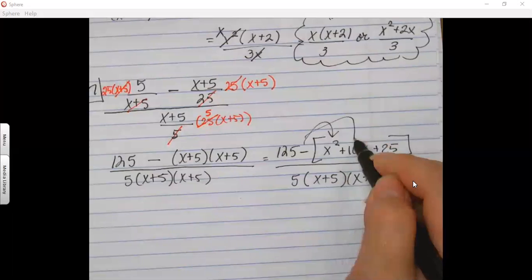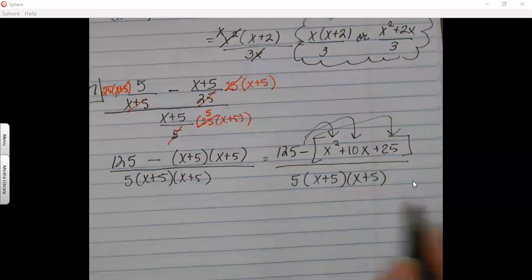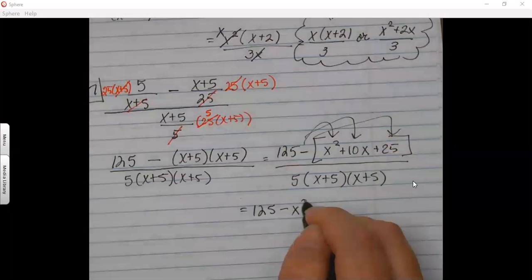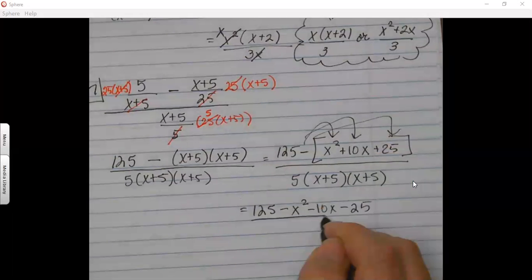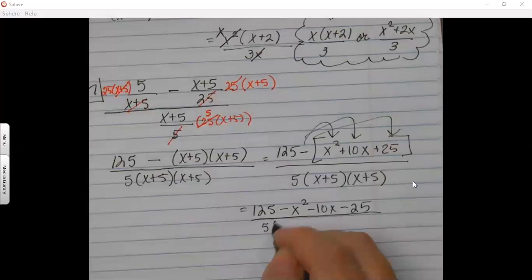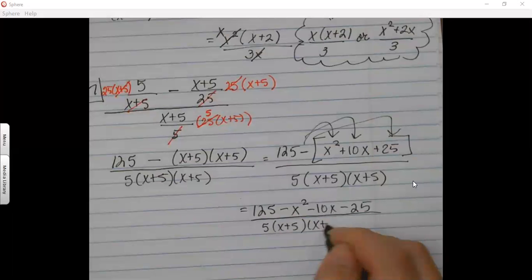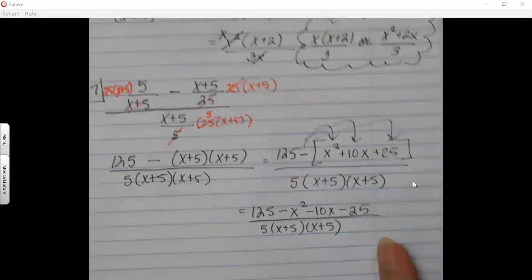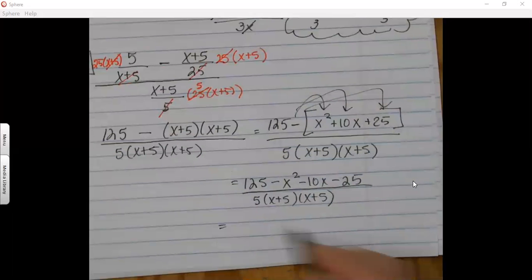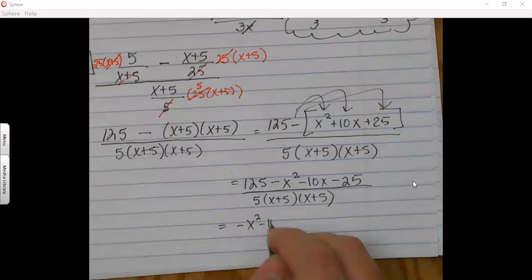So I have 125 minus x squared minus 10x minus 25. Combining like terms, 125 minus 25 is 100. In standard form, that would be negative x squared minus 10x plus 100 all over 5 times x plus 5 times x plus 5.